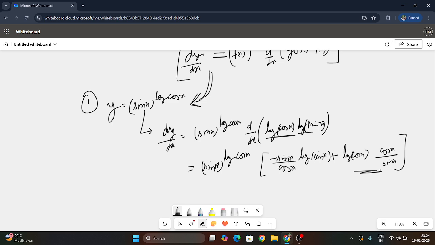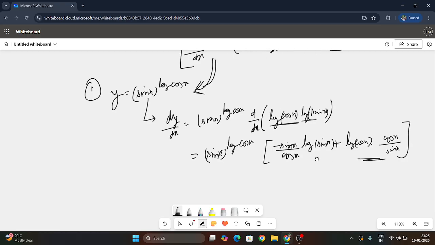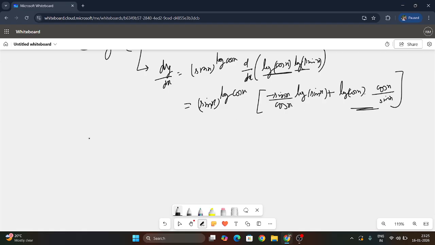Okay. Let's take some other kind of problems, and these problems are very important. Let's suppose I am taking the next, second problem, and the problem is that x to the power m, y to the power n, equal to (x plus y) to the power m plus n.